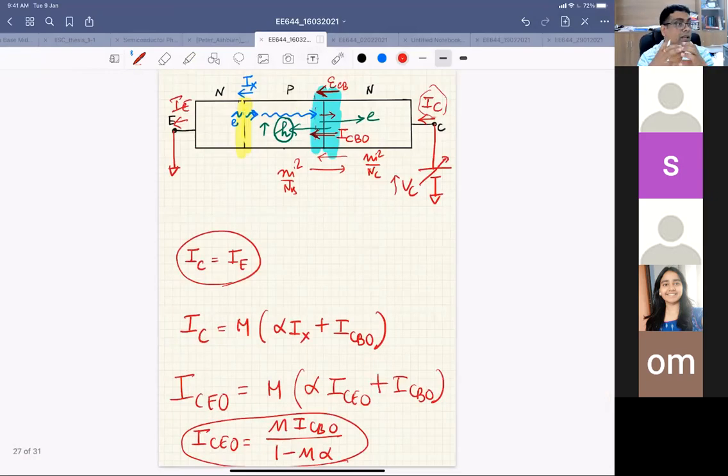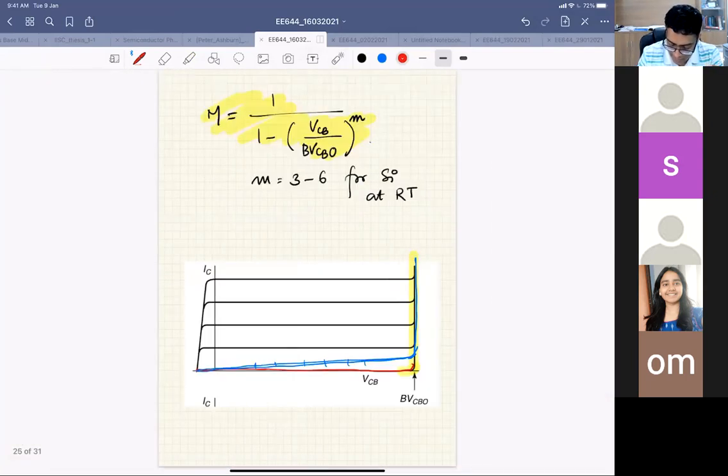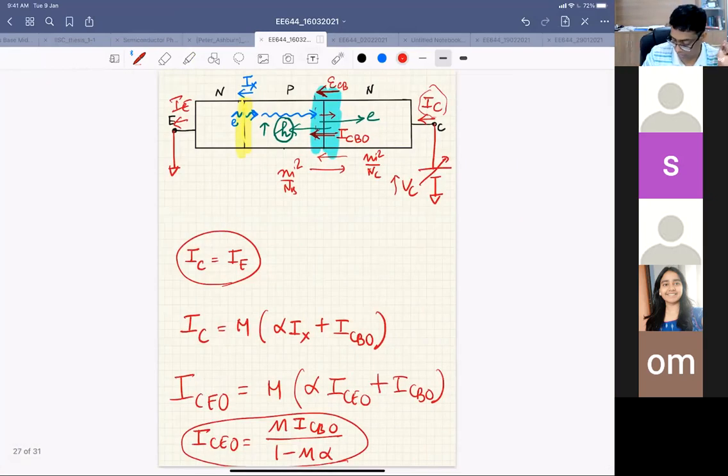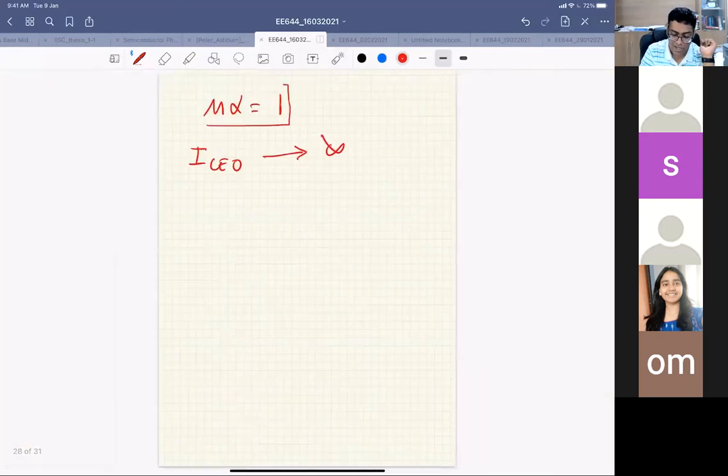But this is unlike your BVCBO. In BVCBO, we are talking about when your multiplication factor M becomes infinite.